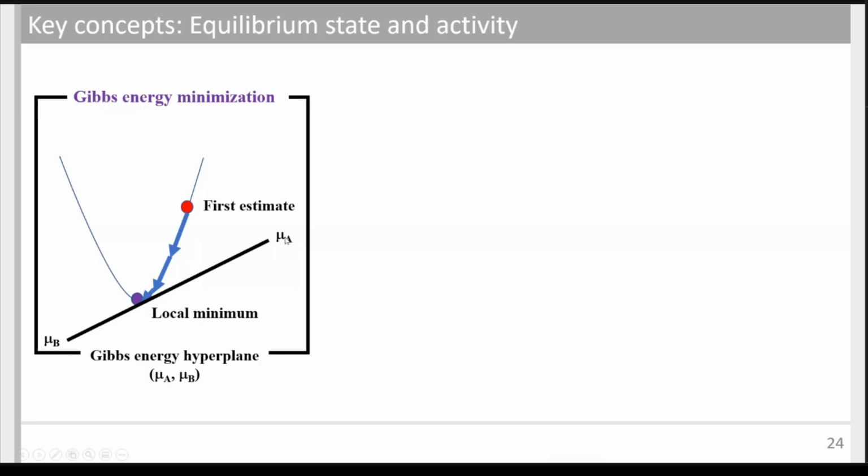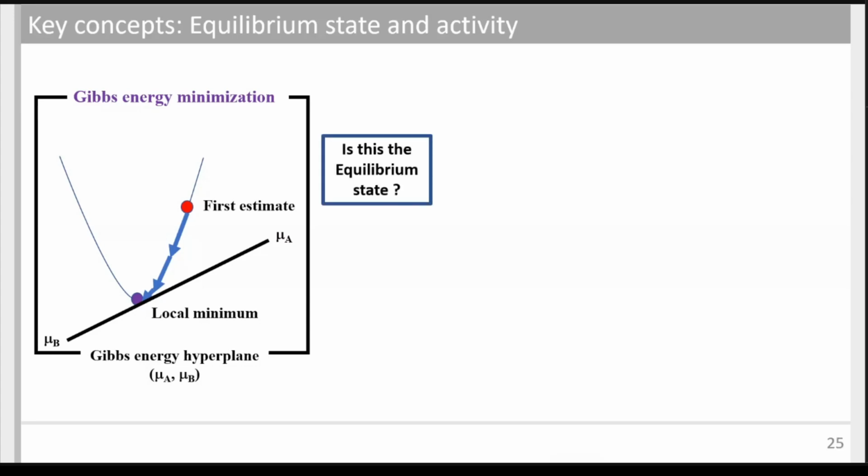And according to the laws of thermodynamics, if you are at equilibrium, the chemical potential of A will be the same in all phases in equilibrium. So this is why we call this the Gibbs energy hyperplane, on which all the phases need to lie if they are in equilibrium. So this is where the phase selection is important, and also the evaluation of the activity of all the list of phases that you have selected.